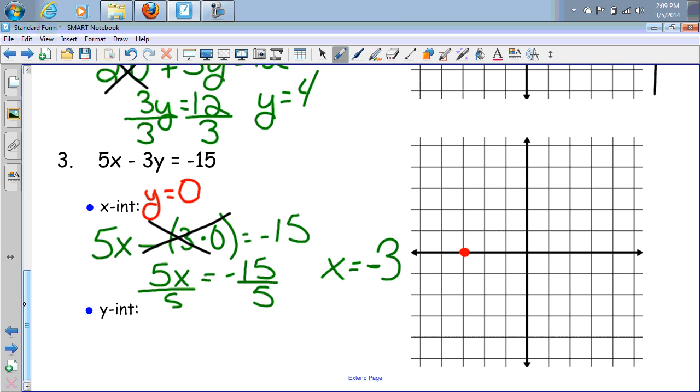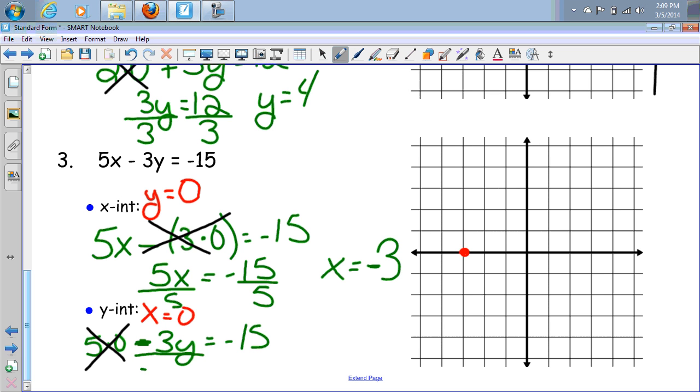All right, let's try our y-intercept. This is when x equals 0. So we would say 5 times 0 minus 3y equals negative 15. Well, 5 times 0 is just 0. I'm left with negative 3y equals negative 15.